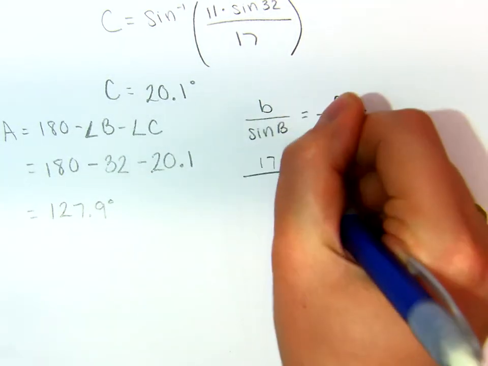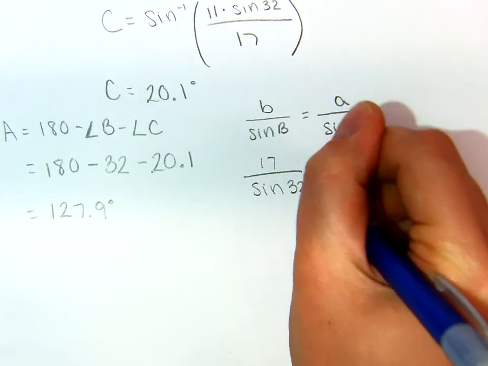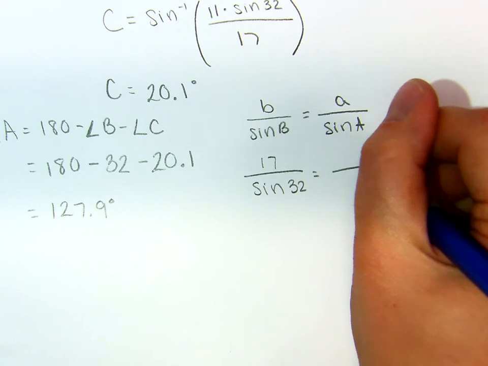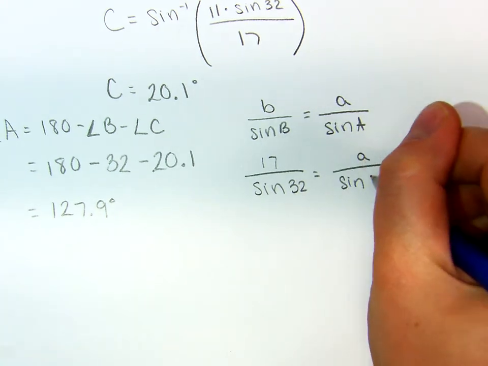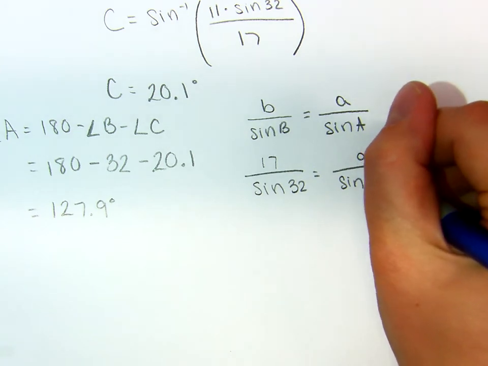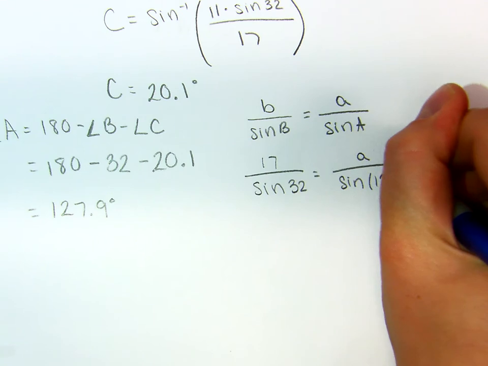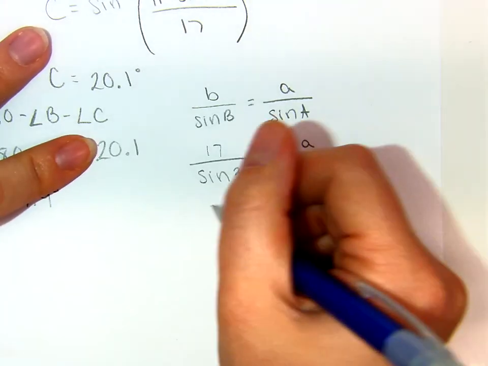So I have 17 for my side B. The angle is 32. My side A is what I'm trying to find. And angle A I just found by subtracting 180 minus B and angle C. So again, I'm going to cross multiply.